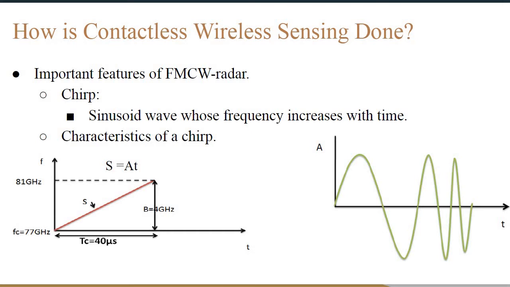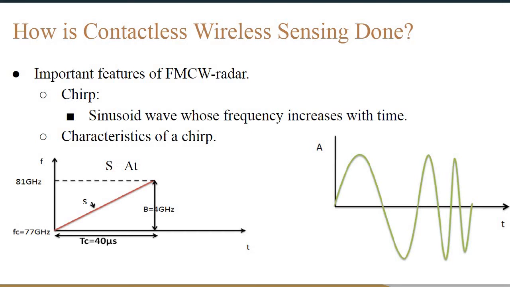To look at the characteristics of the chirp, the frequency versus time plot is a convenient way to represent a chirp. Since the frequency of the chirp increases linearly with time, it takes the form of f = S times t, where S is the slope and the instantaneous frequency increases at a constant rate.